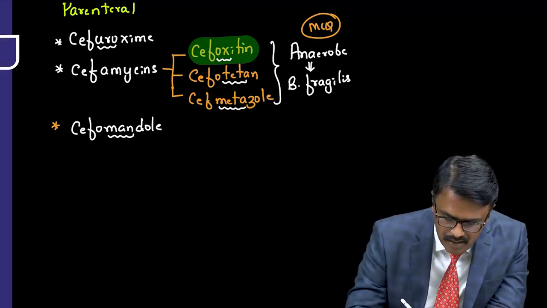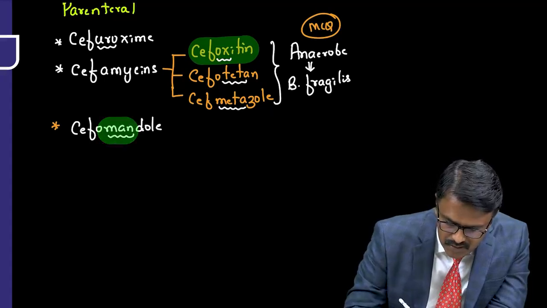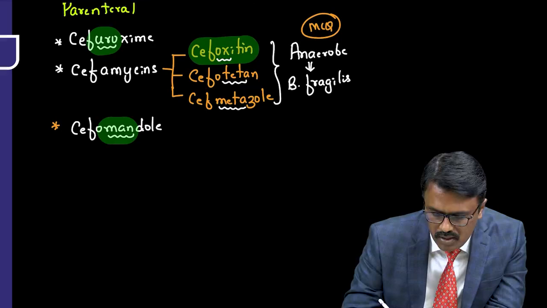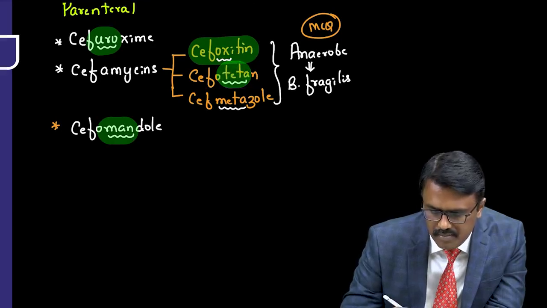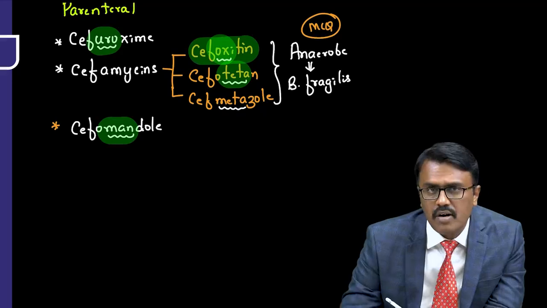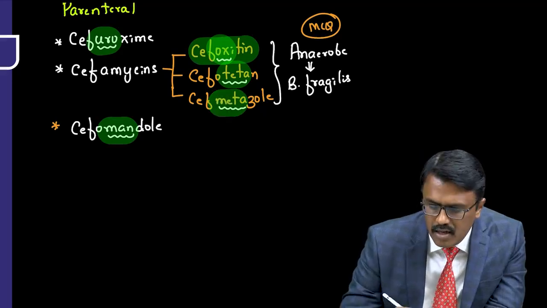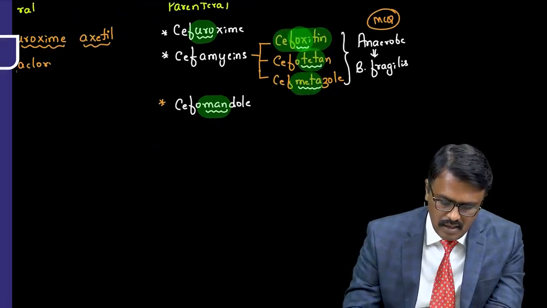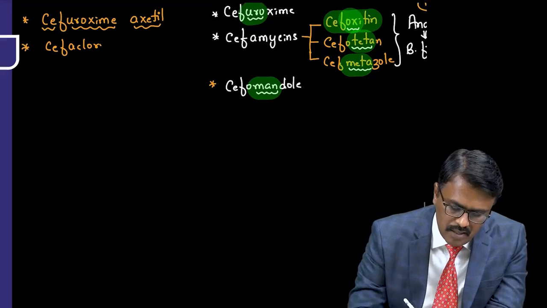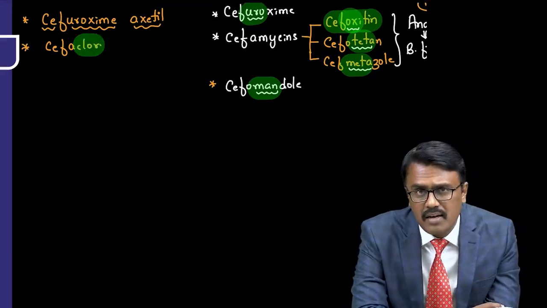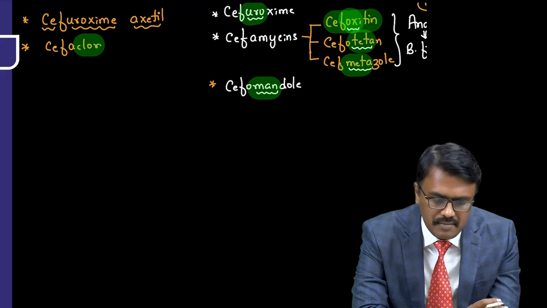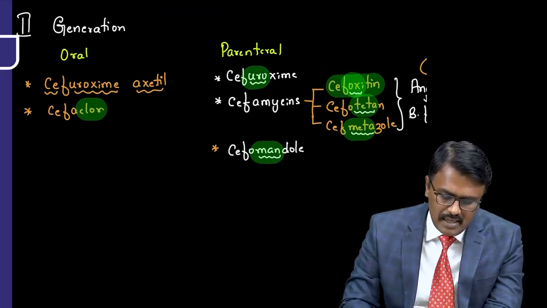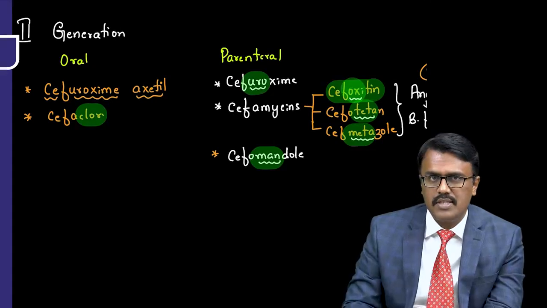So if a man becomes furious, cefuroxime, he will go to the bar and become tight. That time you see the fox, and the alcohol gets metabolized, metazole. After the alcohol is metabolized, his mind is clear: cefaclor, he is clear. So these are the second generation cephalosporins.